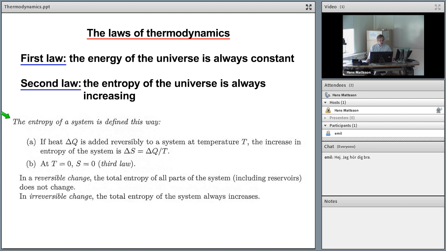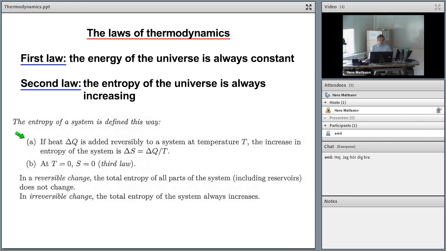The entropy of a system is defined this way, and in A, if heat delta Q is added reversibly to a system at the temperature T, the increase in entropy of the system, delta S, that stands for an increase in entropy, is equal to the heat delta Q divided by T here.